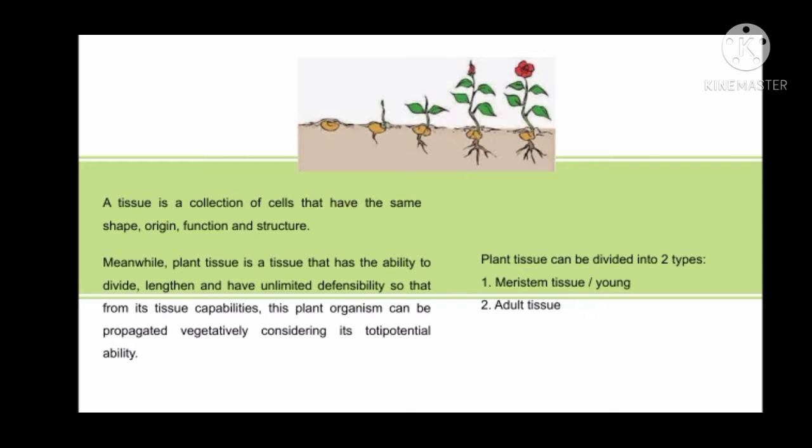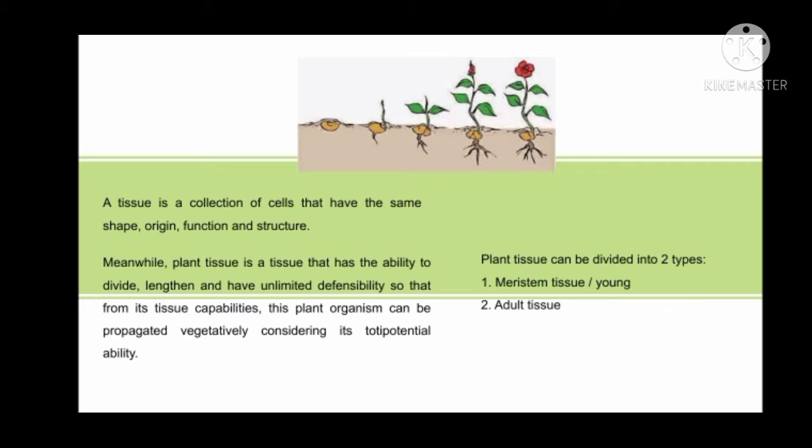Mainly, plant tissue is a tissue that has the ability to divide, lengthen, and have unlimited durability, so that from these tissue capabilities, this plant tissue organism can be propagated vegetatively considering its totipotential ability.